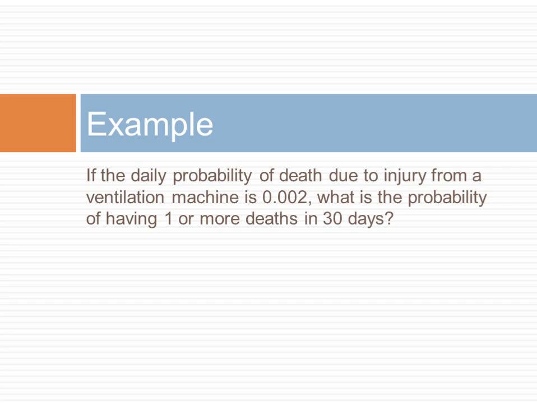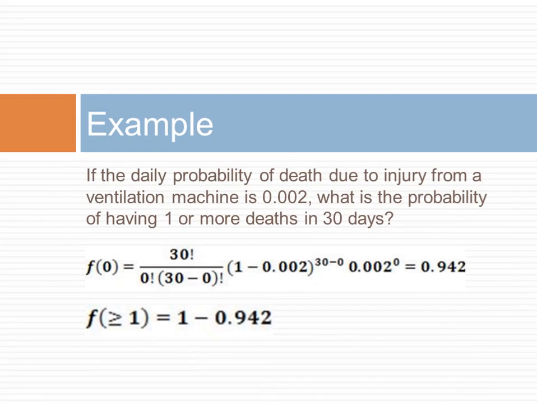If the daily probability of death due to injury from a ventilation machine is 0.02, what is the probability of having 1 or more deaths in 30 days? Here the number of trials is 30 days. There is only one combination of getting 0 deaths, so the factorial term is equal to 1.